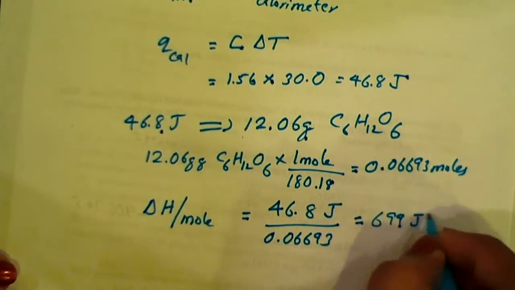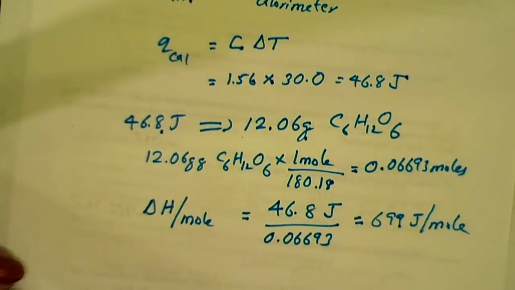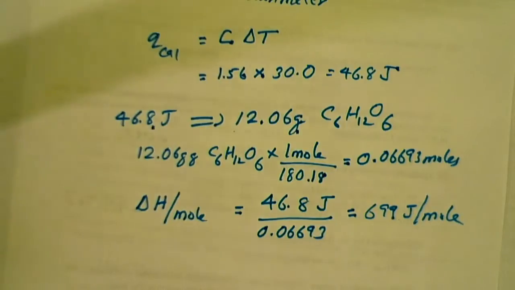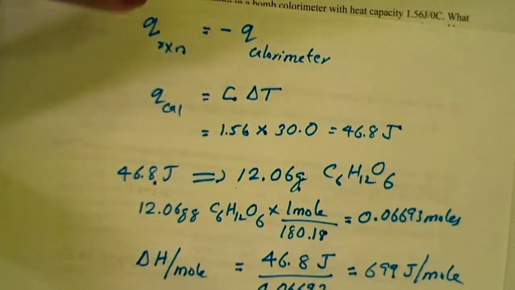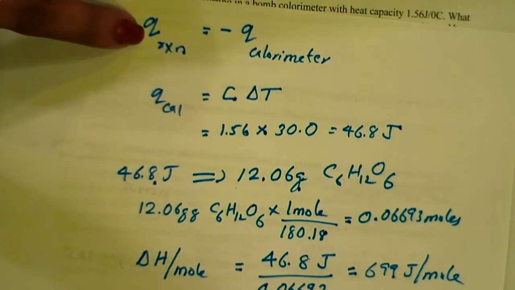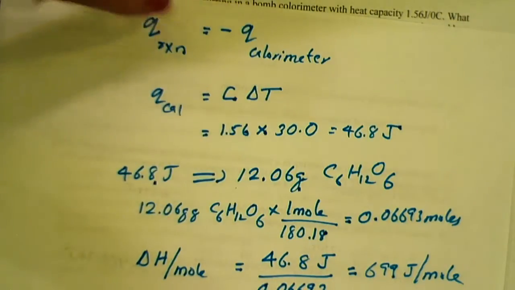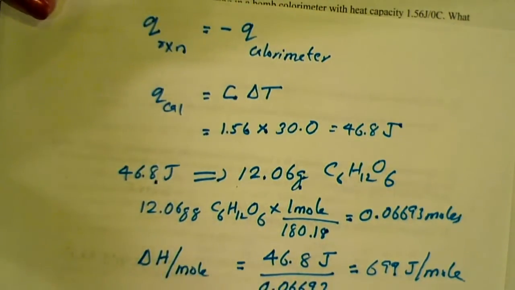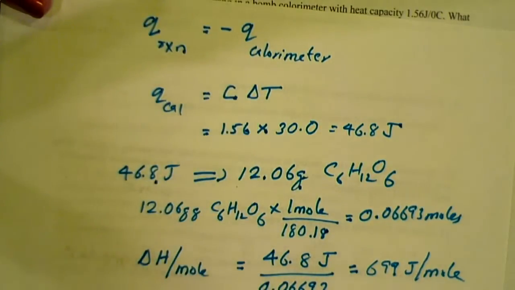So this many moles gives you 46.8 joules. So enthalpy change per mole will be equal to 46.8 joules over the number of moles, 0.06693, which is equal to 699 joule per mole.